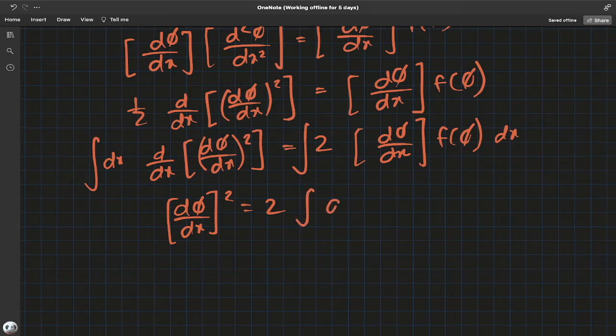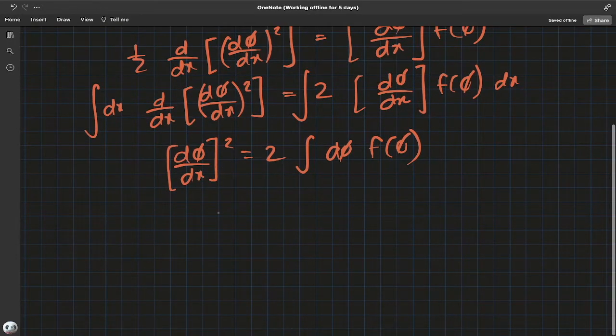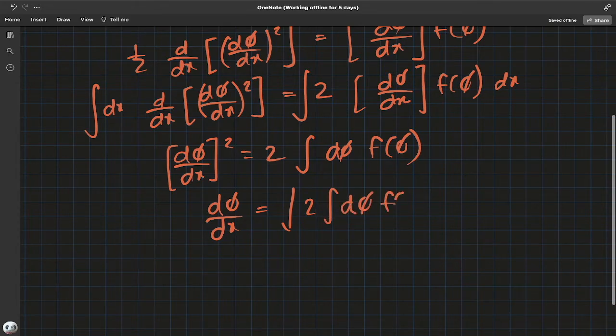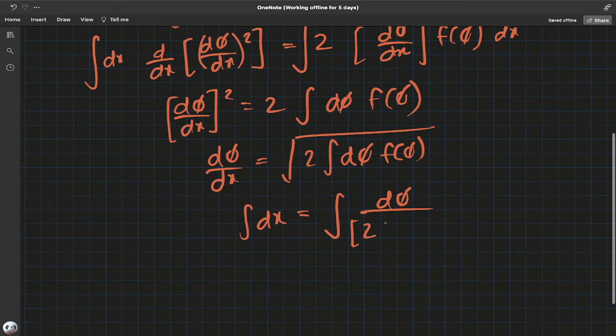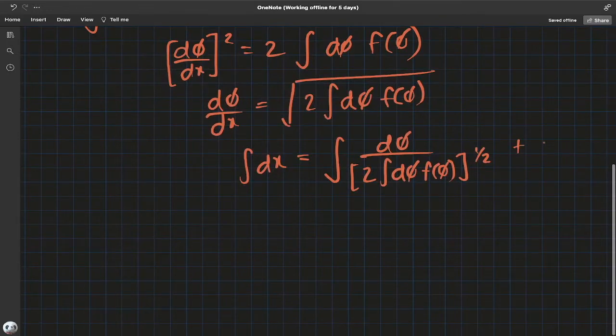This is a physicist way of thinking, but it kind of helps. So you have this, and then to find d phi over dx, you have to take a square root on both sides. And then this becomes a variable separable problem. This is algebra, it's not very interesting. And you get plus some constant.